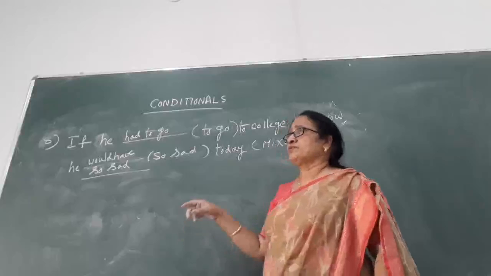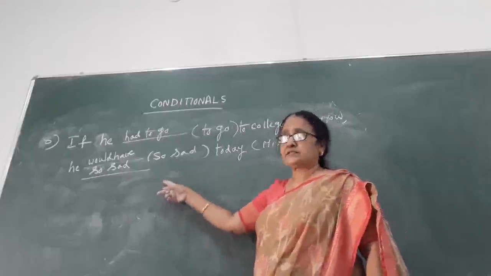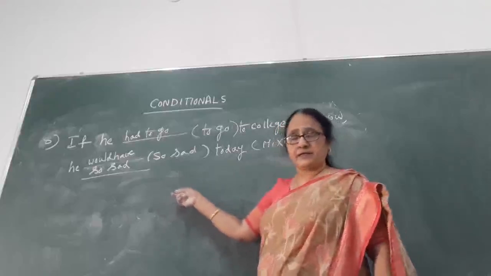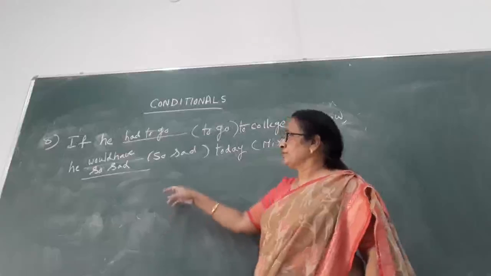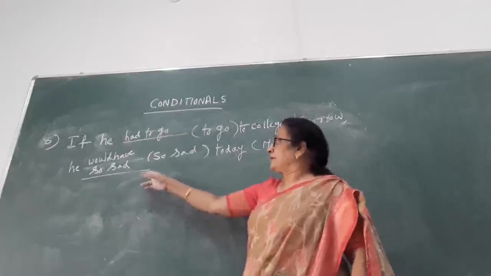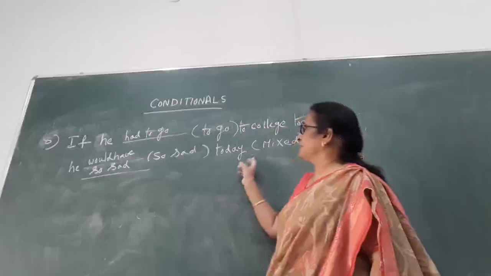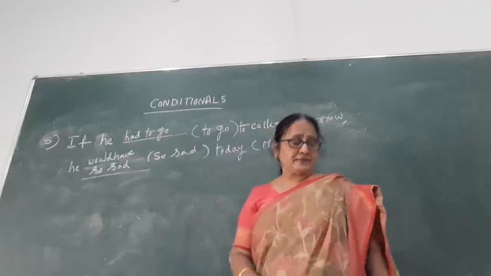Here sometimes would plus have plus V1 also comes, and would plus have plus V3 also comes. I have explained this to you previously. That is, he would have so sad. He would have so sad today. So this is the mixed conditional.